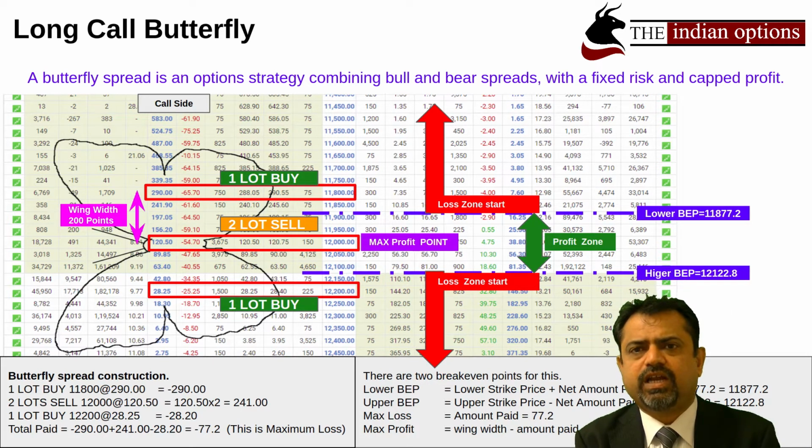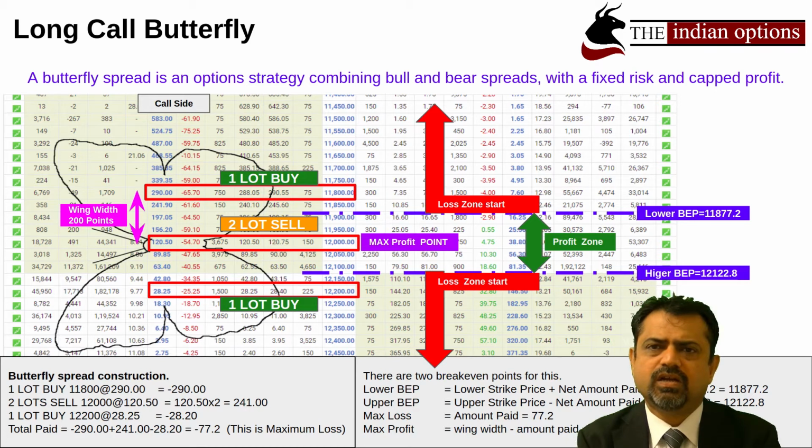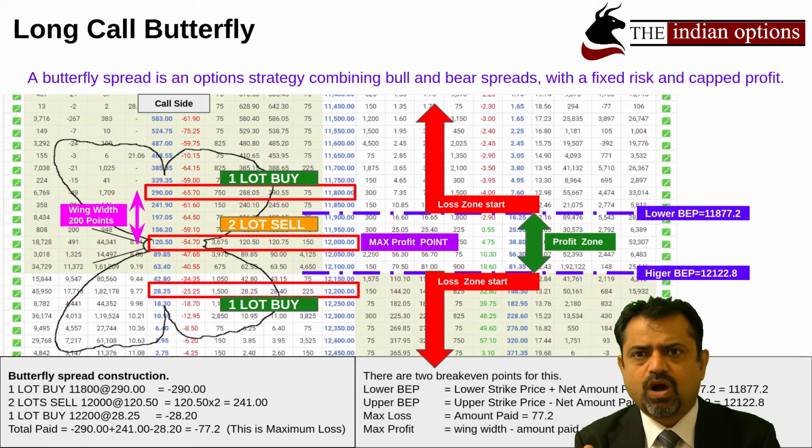All these strategies are used by the institutional traders because they would like to know how much maximum loss and profit you are going to make. So that's why these strategies are really very handy, and they are used very often by a lot of traders.